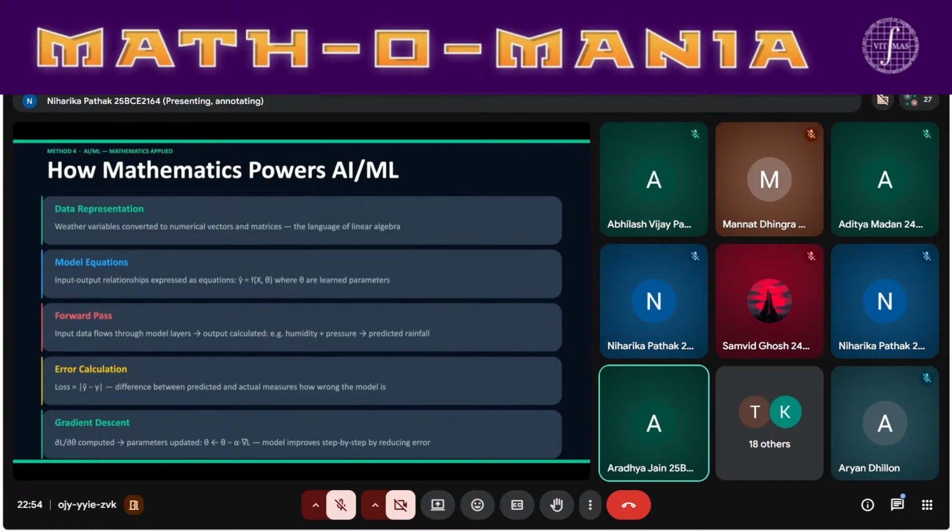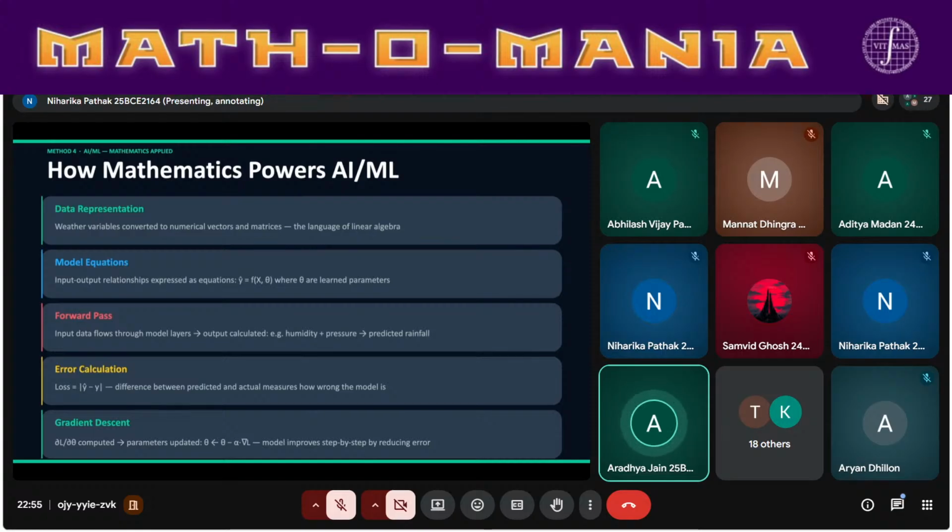So what we do is change the parameter using a formula, which for now is theta minus alpha times the gradient of L. Alpha here is the rate, and the gradient of L is the change in the error which occurs after each step you take, and theta is the parameter.